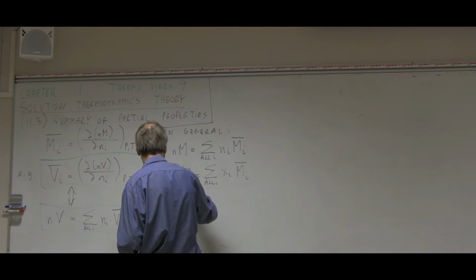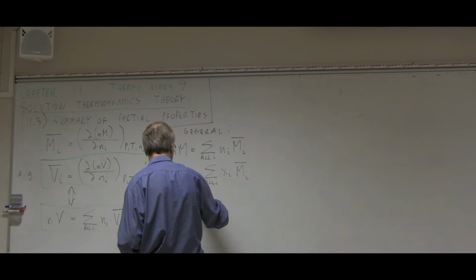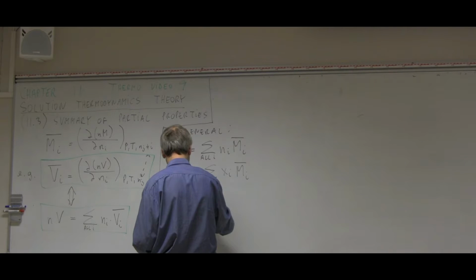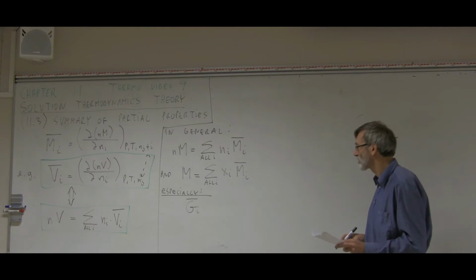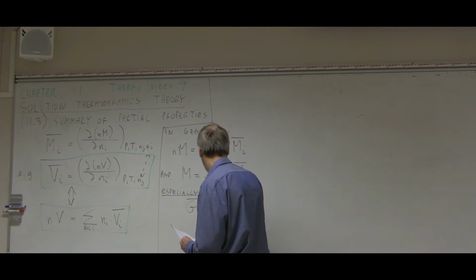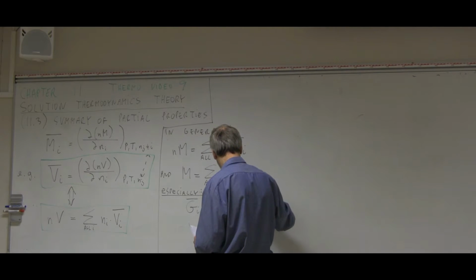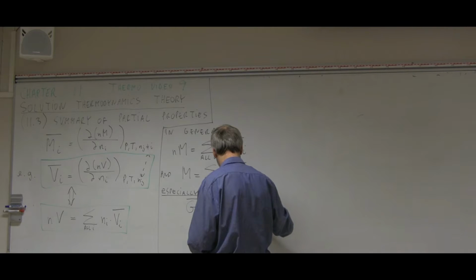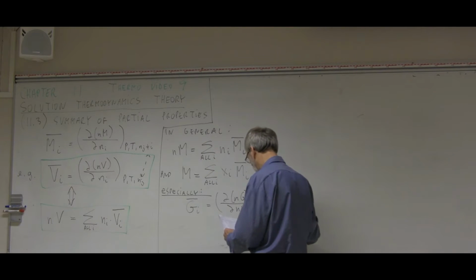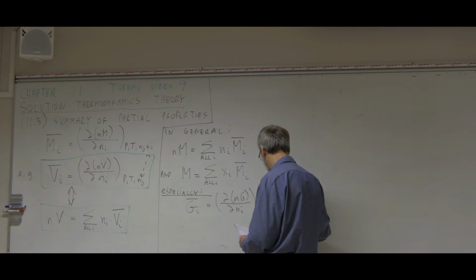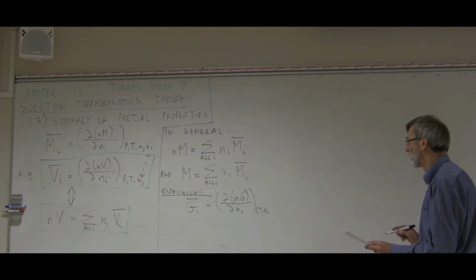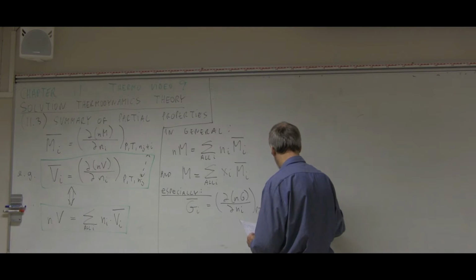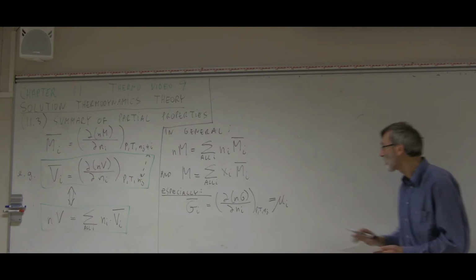And especially, we have that the Gibbs free energy partial property is the derivative of nG with respect to ni at constant P, T, and nj, and that is the chemical potential.